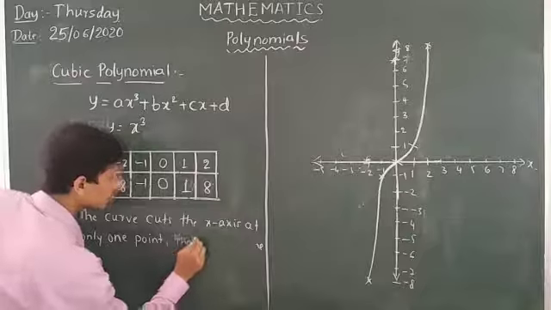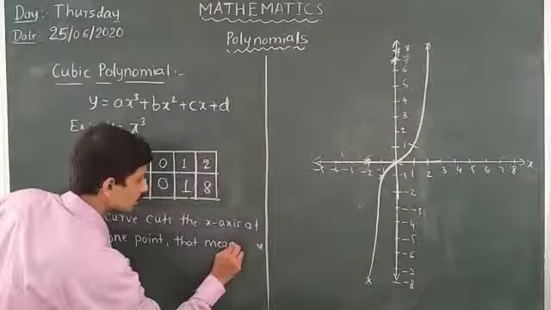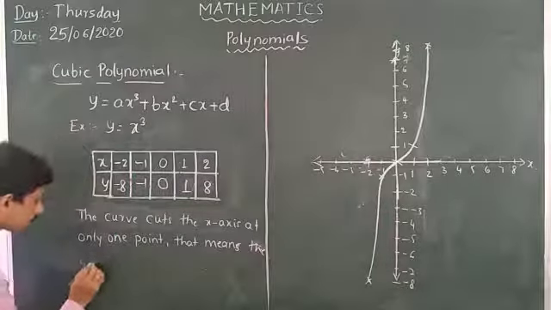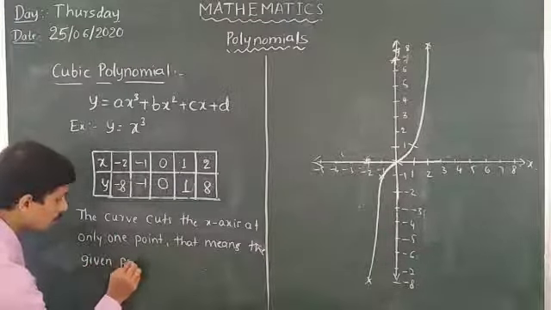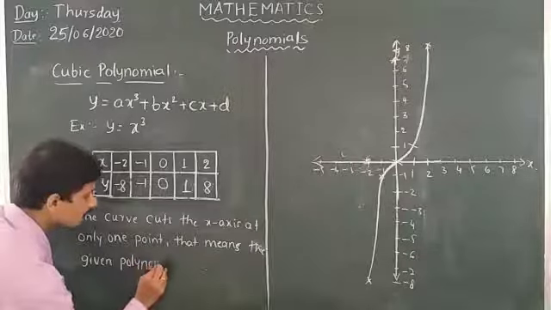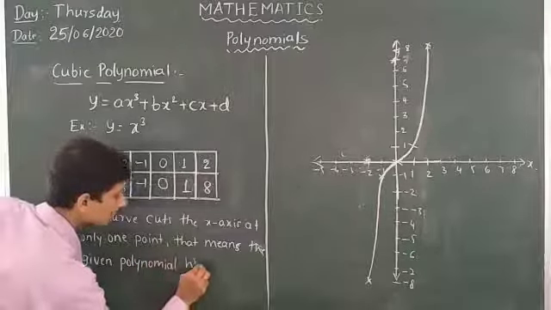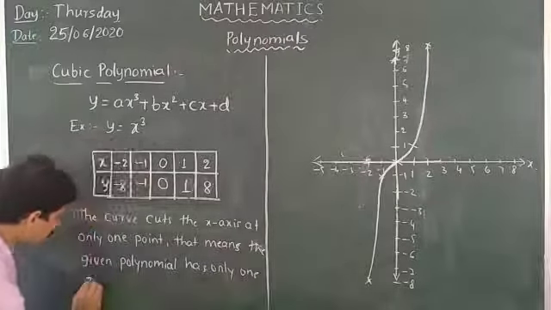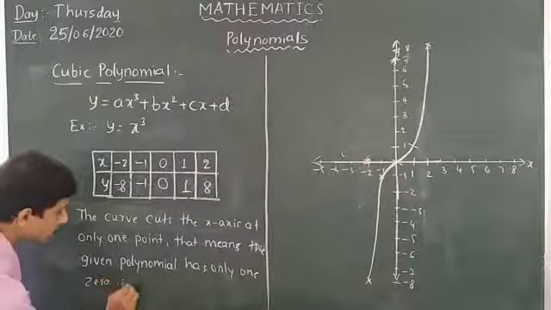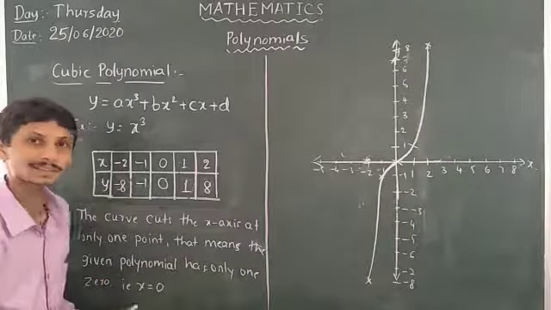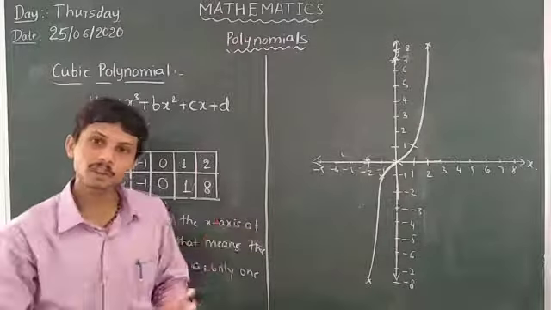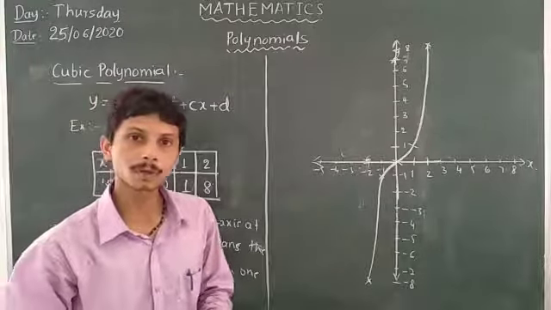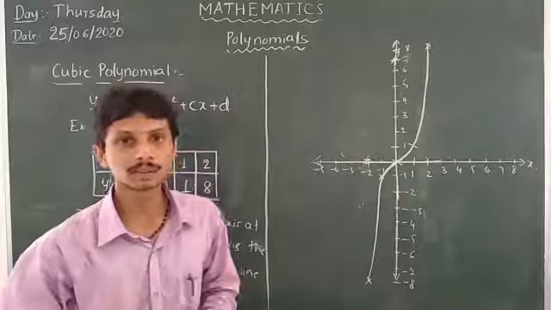That means the given polynomial has only one zero, that is x equal to 0. When x is equal to 0, y is also 0. That means this given polynomial has only one zero.